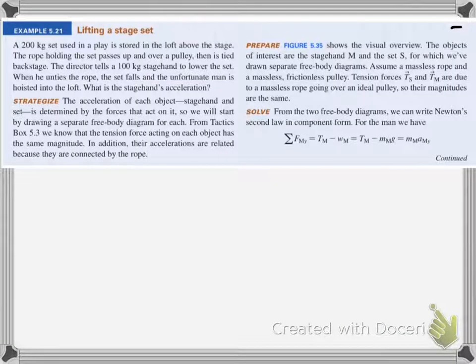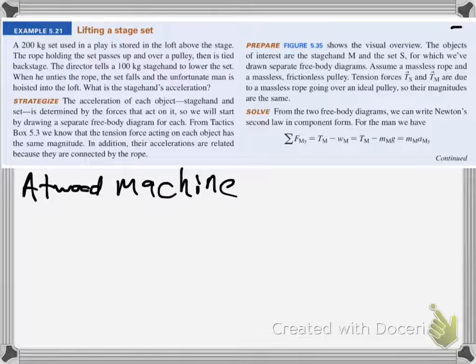So let's go to our first example here, and we'll look at our information. This is basically going to be a simple Atwood machine example. There's a better picture on the next slide.